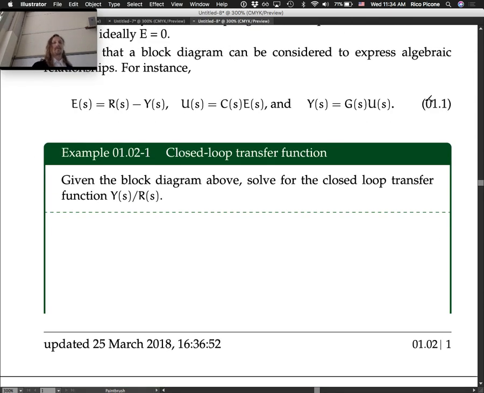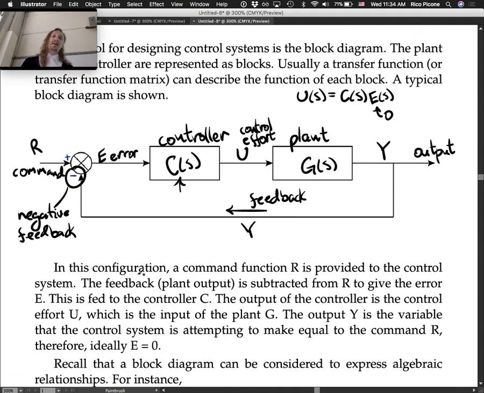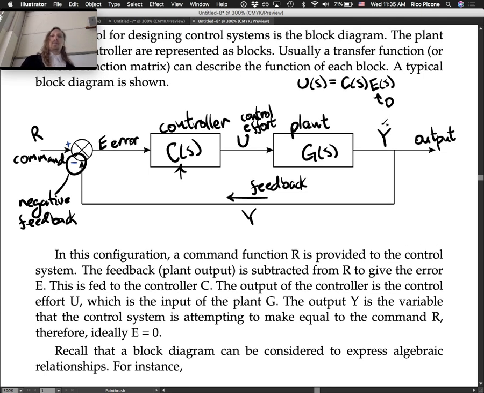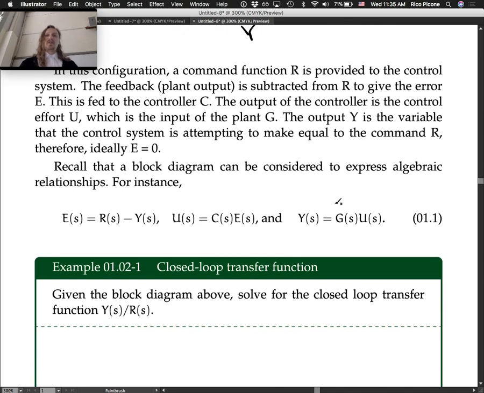So how do we do this? It's just algebra, right? We've got all these algebraic expressions that this block diagram expresses. So let's just go through the algebra and solve for our Y over R. My preference is to start with this Y here and say, okay, Y is equal to GU, which is just this equation right here.